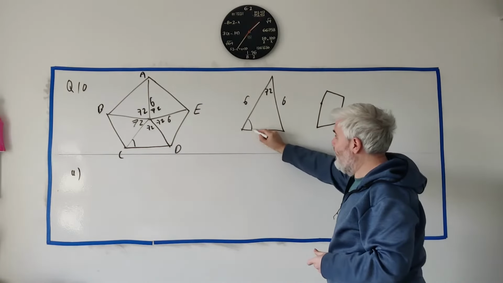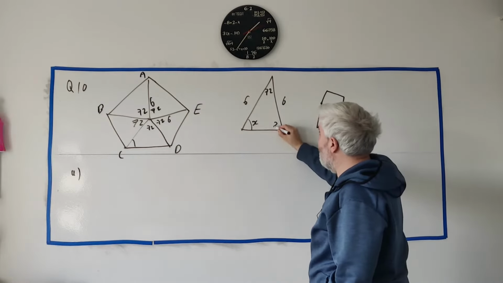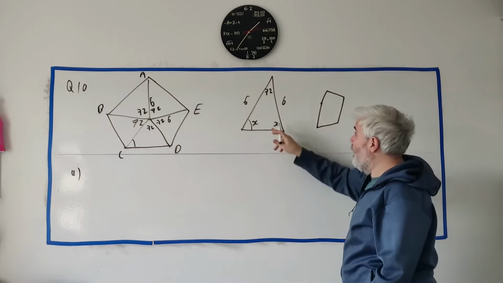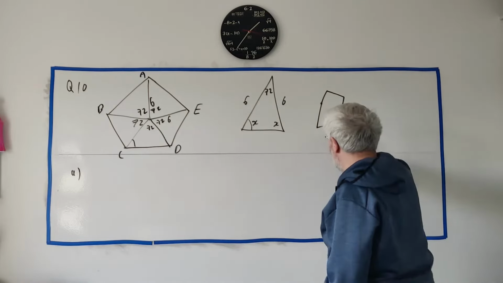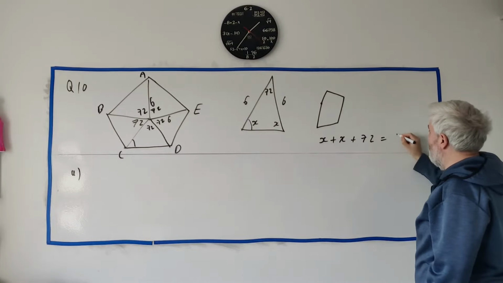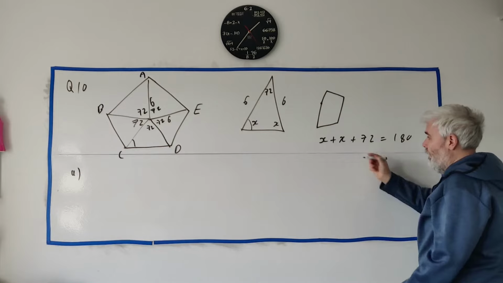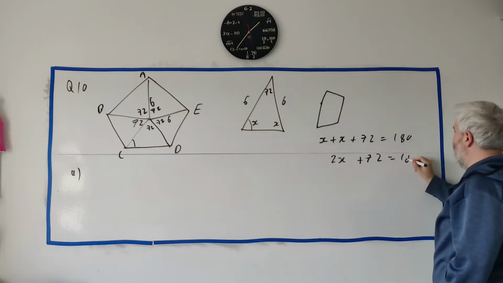We can go ahead and find these angles. That should be quite easy to find. They're the same, x and x. What is x? They all add up to 180. A lot of you are really good at doing that in your head, but I don't mind doing it slowly. 2x plus 72 equals 180.